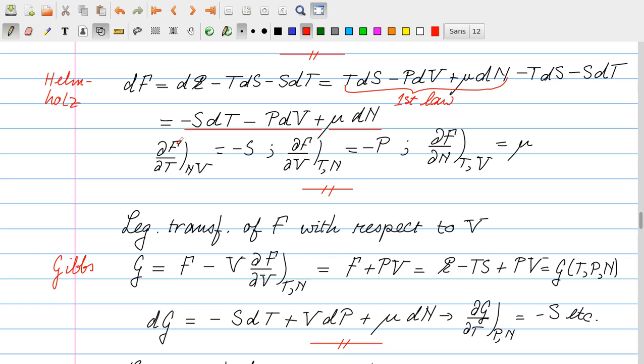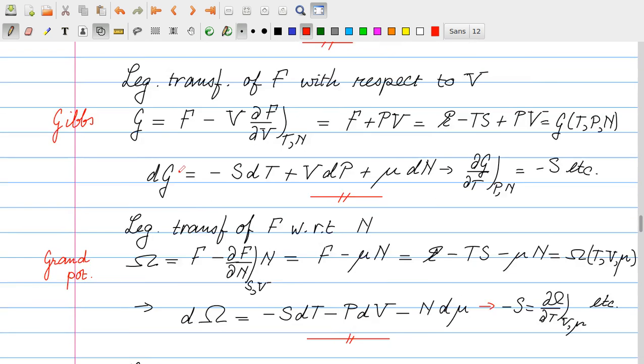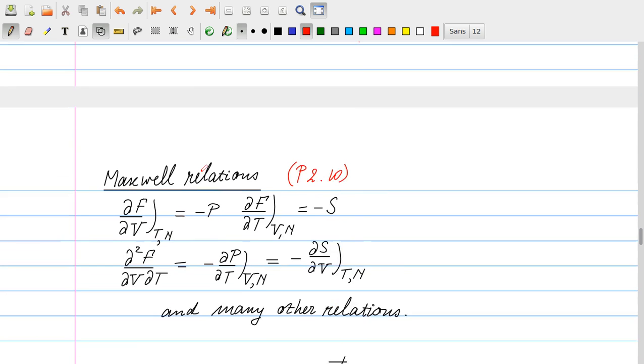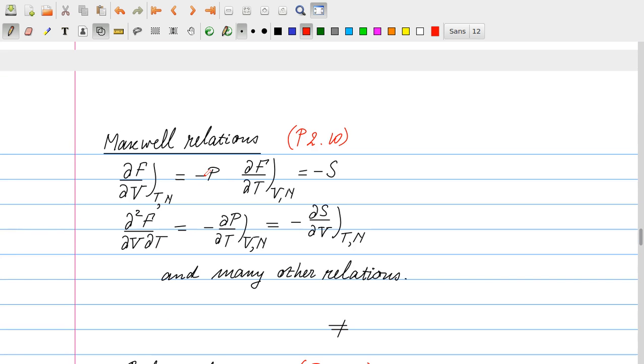But now suppose that we take a double derivative of F with respect to T and to V. If F is a well-behaving function, we can interchange the order at which we take those derivatives. That leads to so-called Maxwell relations.